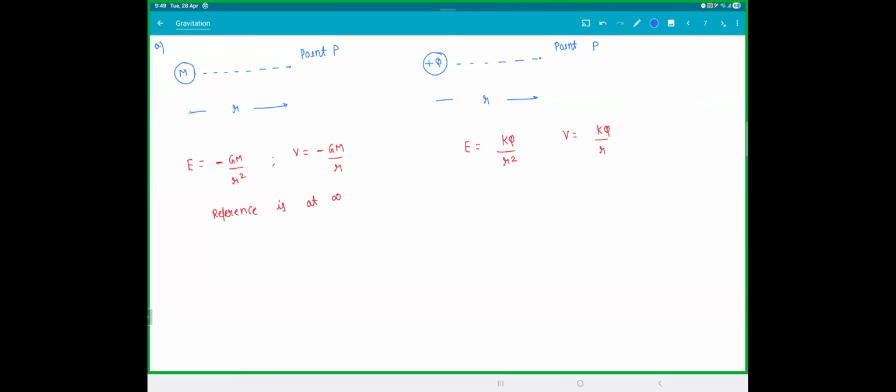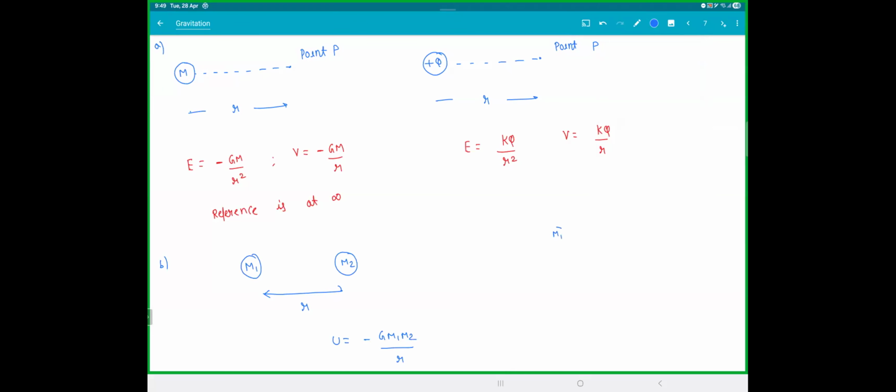So that is one. Second thing, if you have two masses m1 and m2 with a distance r between them, the potential energy is given by U is equal to minus G m1 m2 by r.